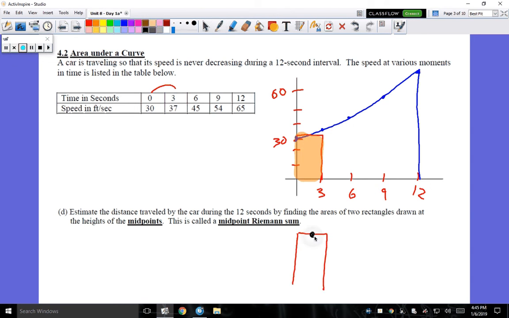So right here in the middle is where we touch the graph, otherwise the midpoint of that base. Between 0 and 3, there's going to be a midpoint of 1.5. And of course the midpoint of anything is the average. You could say the midpoint between 0 and 3 is just add them up and divide by 2. That's going to be 1.5.